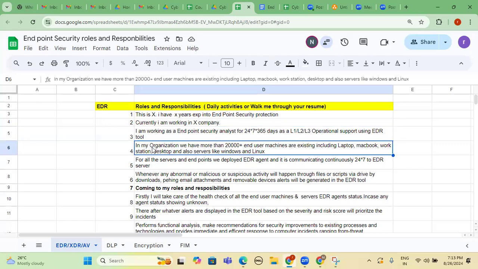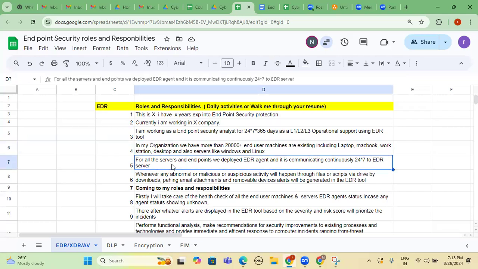In my organization, the client I'm supporting has more than 20,000 endpoints. Those endpoints are laptops, MacBooks, workstations, desktops, Windows servers or Unix servers of different operating system flavors. On all of them we deployed the EDR agent, and it communicates 24/7 with our EDR tool or EDR server.